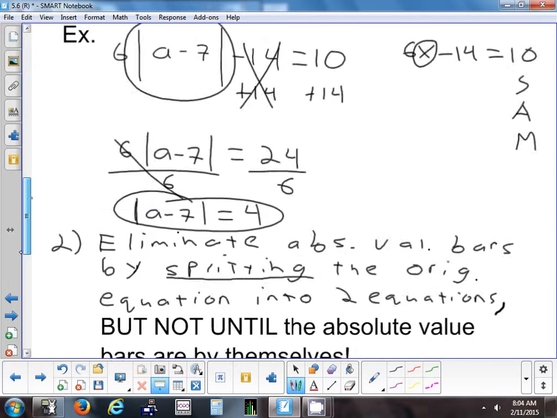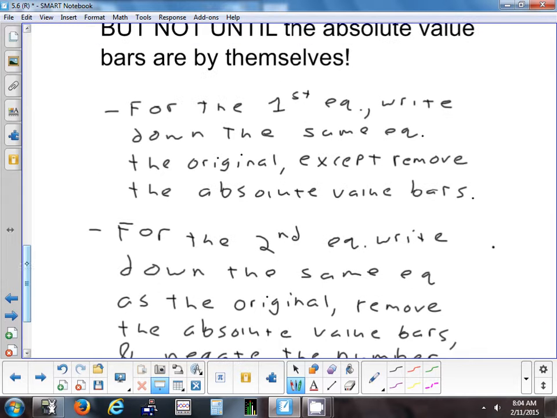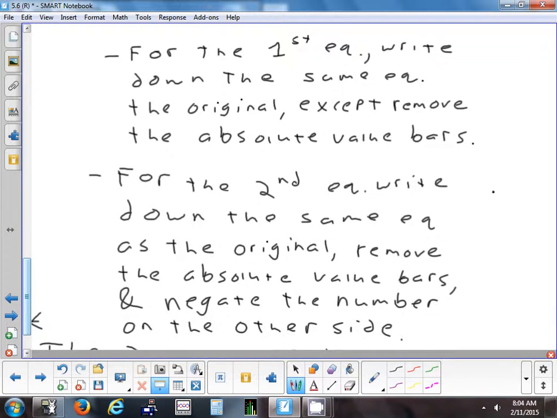That's one part. For the second equation, we're going to write down exactly the same equation. We're going to remove the bars again, but one more step: we change the sign of the number on the other side. That's what negate means, change the sign of.